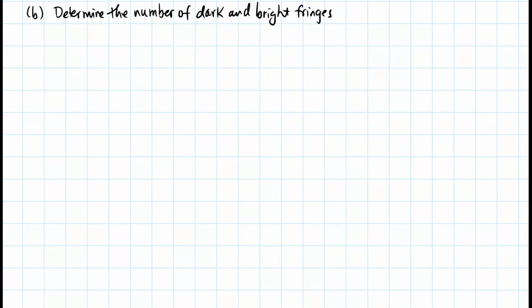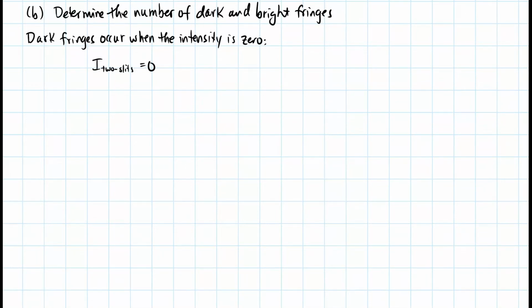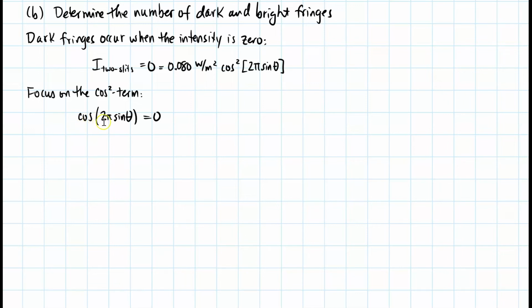B. Now we need to determine the number of dark and bright fringes. Dark fringes occur when the intensity is 0. So I'm setting the intensity of the two slits equal to 0. What this means is that 0 has to be cosine squared of 2 pi sine theta. That's the only way this could be 0. So now I focus on the cosine squared term. This means that cosine of 2 pi sine of theta must be equal to 0, but cosine can only be 0 at odd multiples of pi over 2.